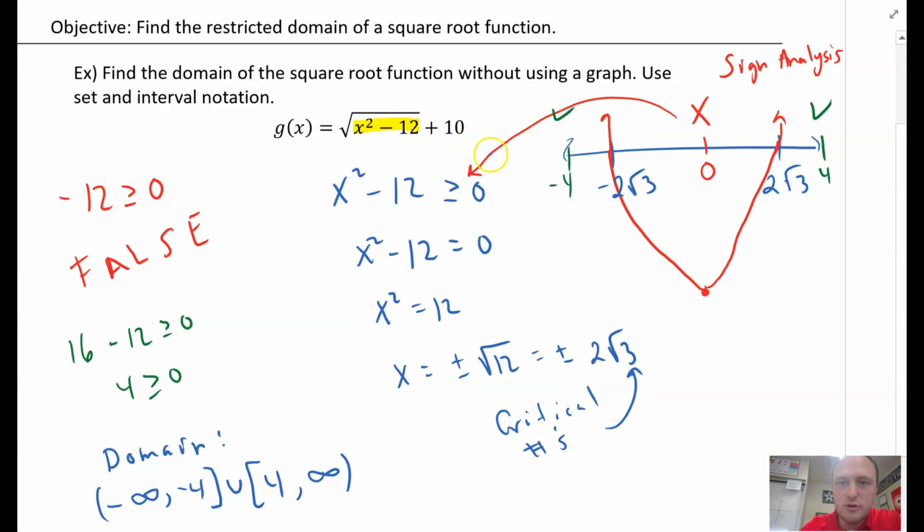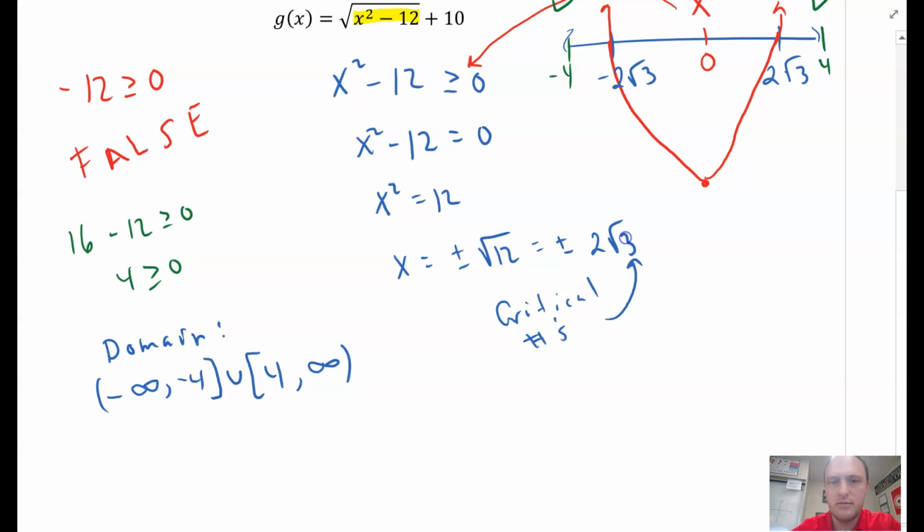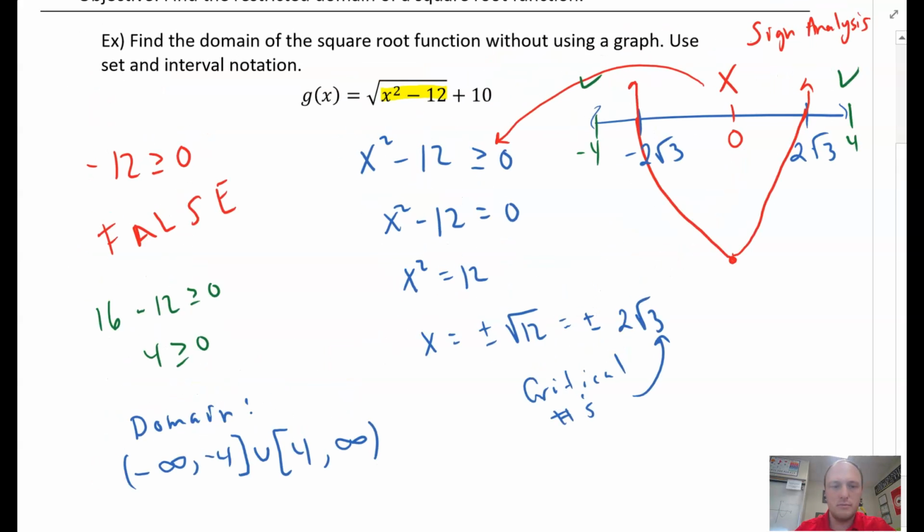It's not letting me erase. I'm getting this from this section here. Okay, there we go. Okay, so I'm getting it from this section. So from 4 this way, and from 2 root 3 this way to 2 root 3 this way. Okay, just this area in between is not part of our domain.